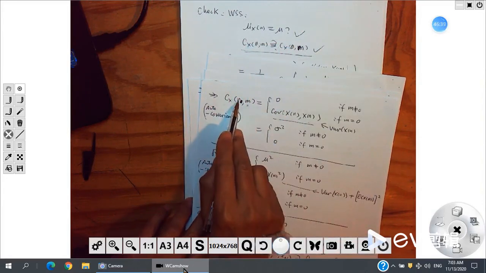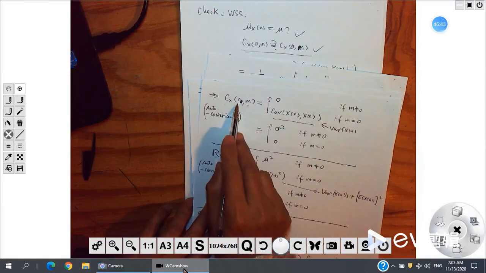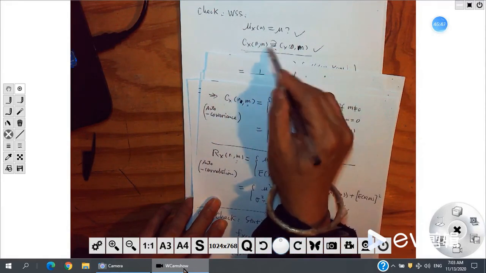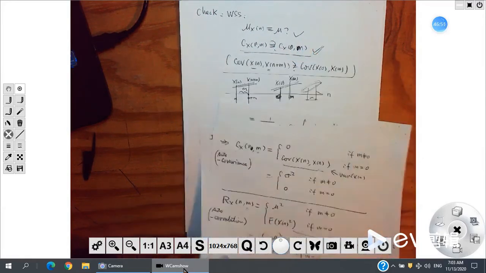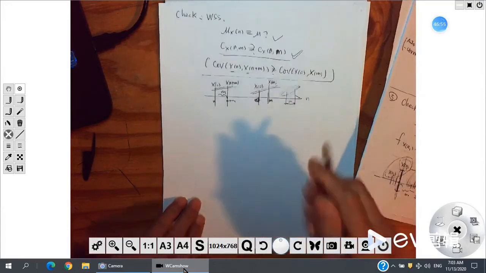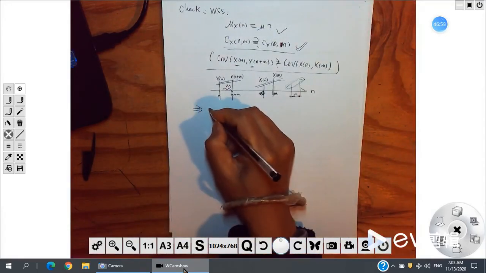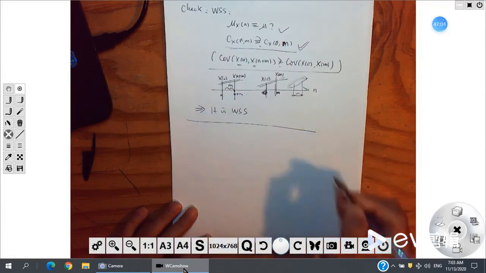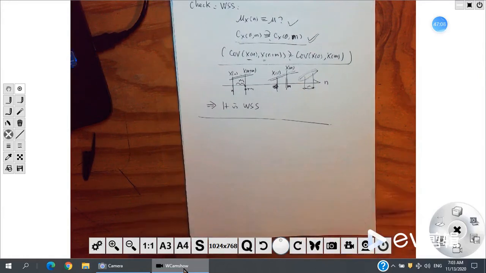Here's n, but the result only depends on m, no matter what n is. So if you replace n by 0 here, the value won't change. They are the same. Okay, I will say yes. Alright, so this is a wide-sense stationary process. Okay, so this is one example.